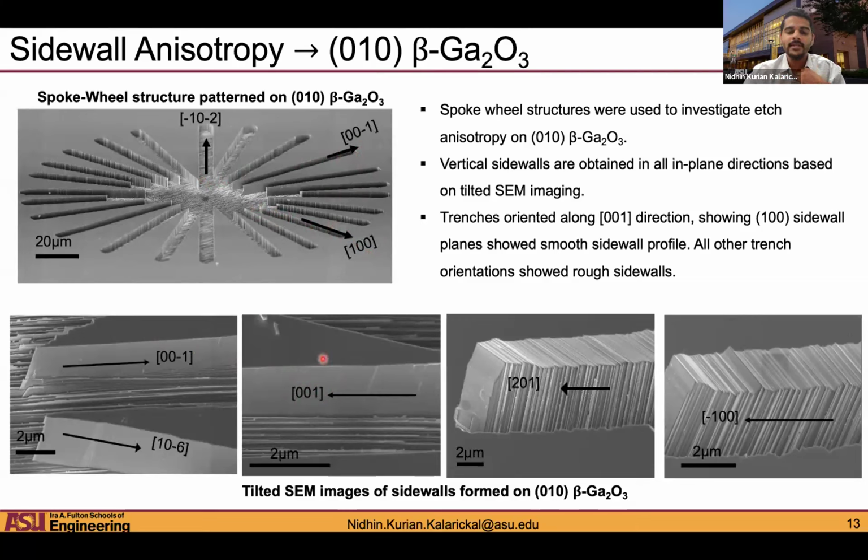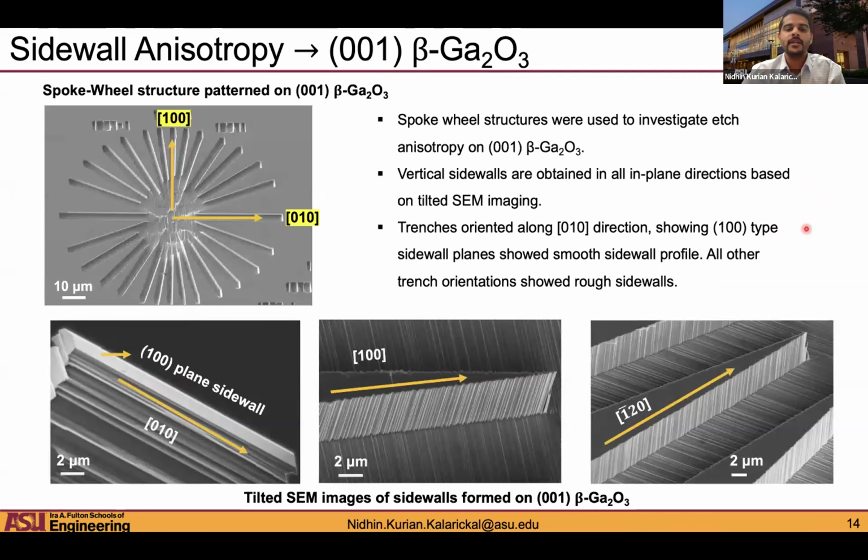The reason is the 001 trench direction forms the 100 sidewall plane, which is the sidewall plane with the lowest surface energy. So if you orient your trenches in the right direction, which shows the lowest surface energy, then you get very smooth sidewalls.